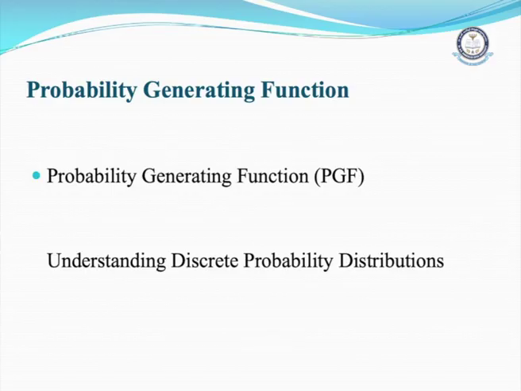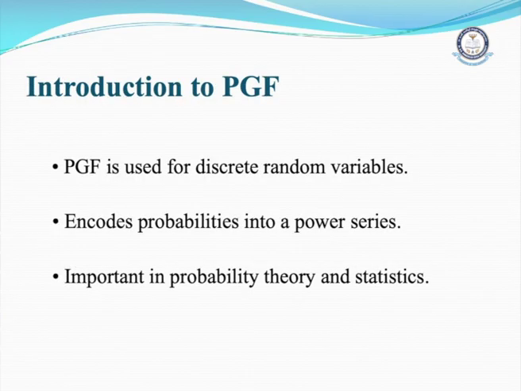So the probability generating function is meant for discrete probability distributions. This is the introduction. The PGF is used for discrete random variables only, and it encodes probabilities into a power series.